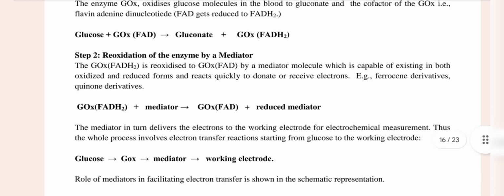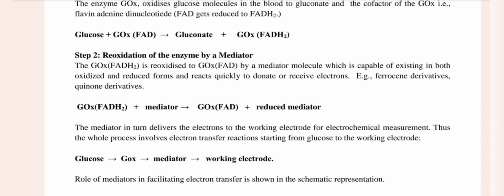The mediator in turn delivers the electrons to the working electrode. So the mediator gets to the reduced form, and the extra electrons in the reduced form are transferred to the working electrode for electrochemical measurements. So the movement of electrons occurs from the glucose to the working electrode.